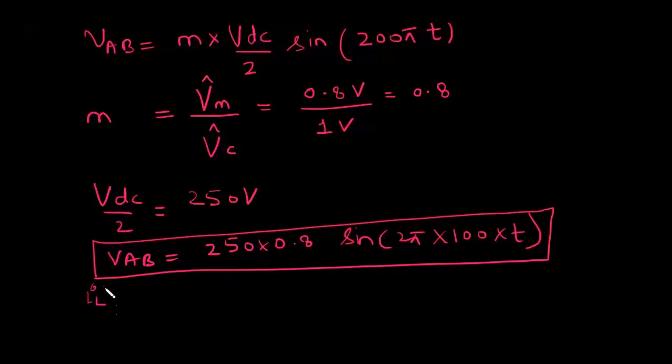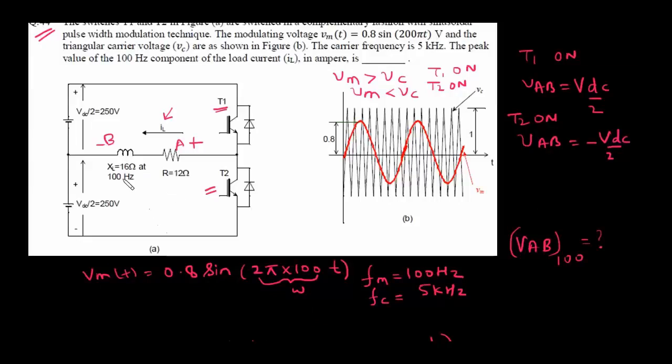So to get IL 100 Hz component, you need to divide VAB by Z at 100 Hz. Right now we are interested only in the magnitude of IL, so I am ignoring the phase of impedance Z. Here you can see Z at 100 Hz is 12 plus J16.